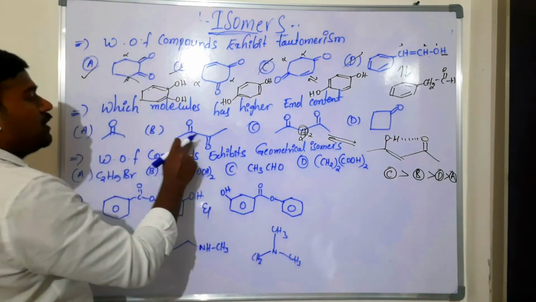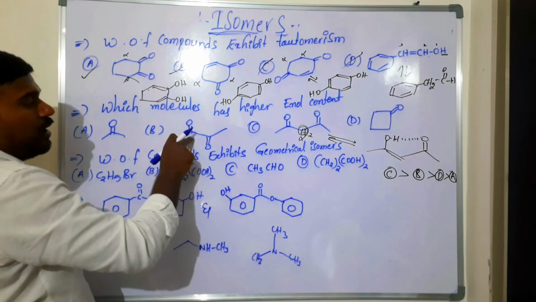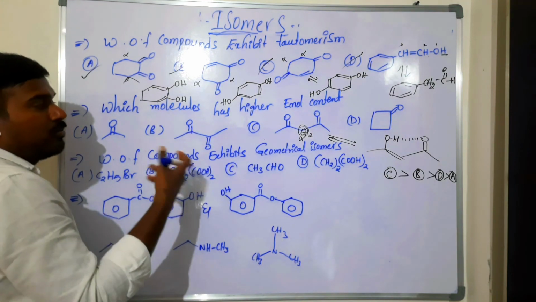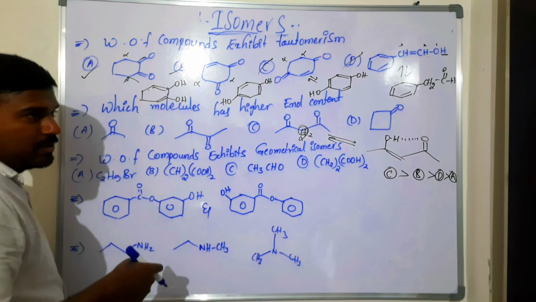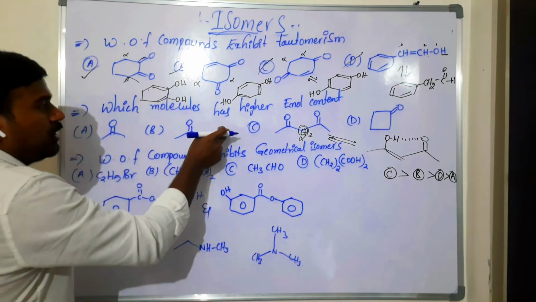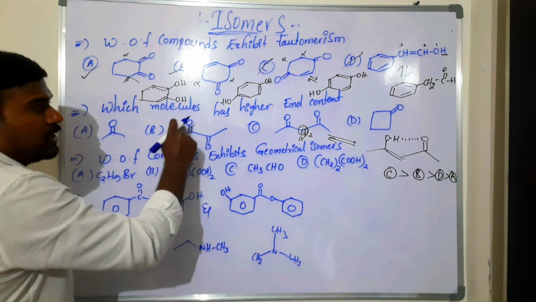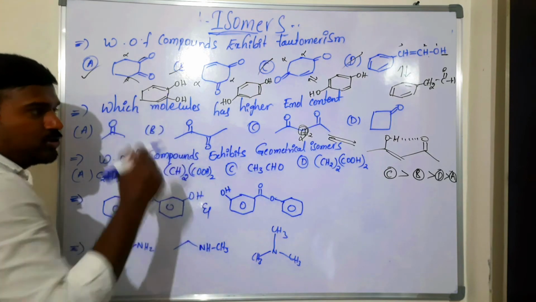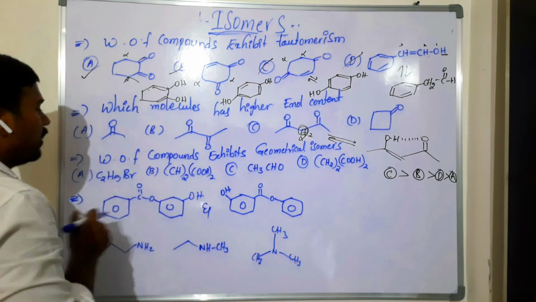Whereas here two keto groups are there, so the hydrogens attached are more resonance stabilized. Here OH, here also OH will form. It has resonance, so compared to that one, it is more stable. Is that clear?